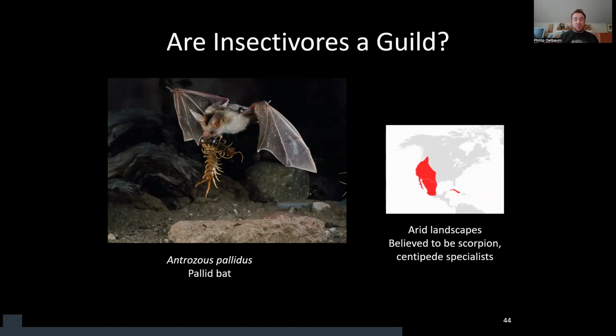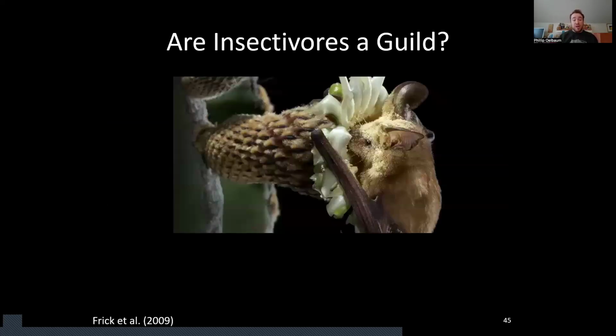We know that this is not the case, though. So, Fred Frick et al. in 2009 described this unique habit of Antrozous pallidus, where they were found covered in pollen.